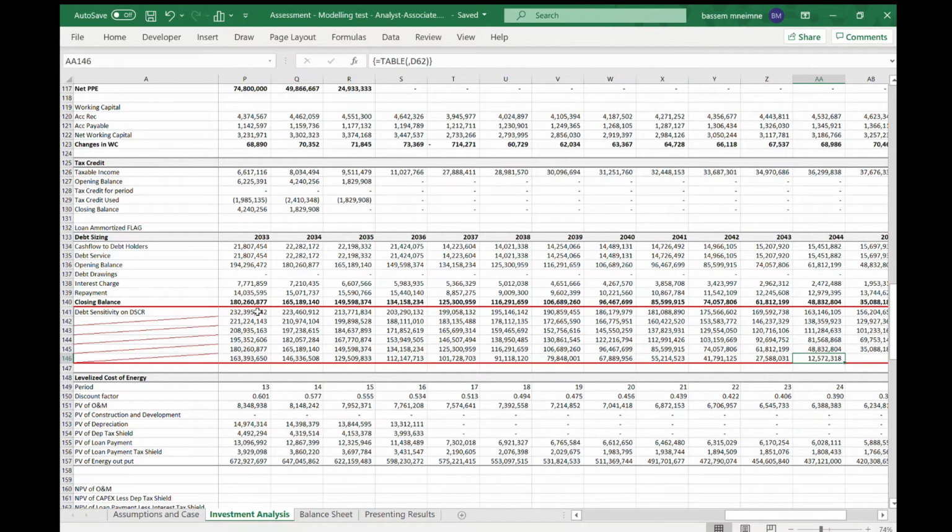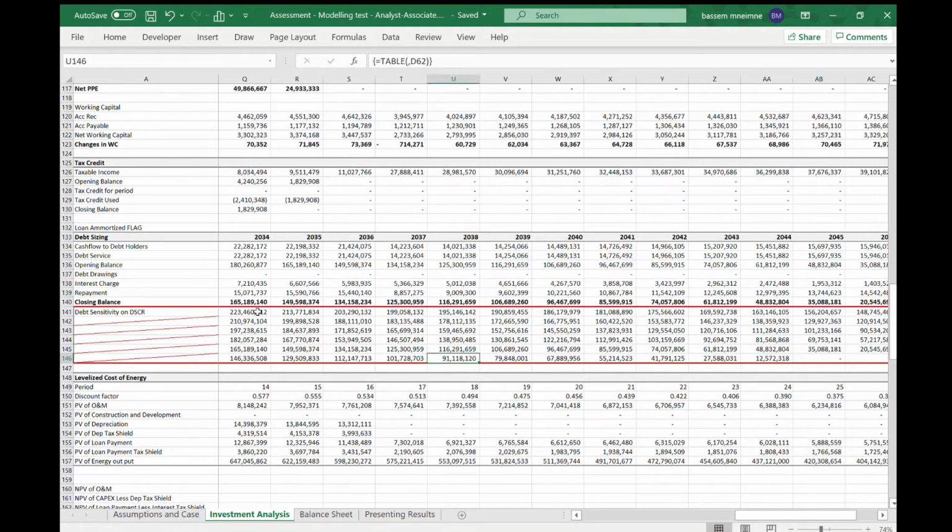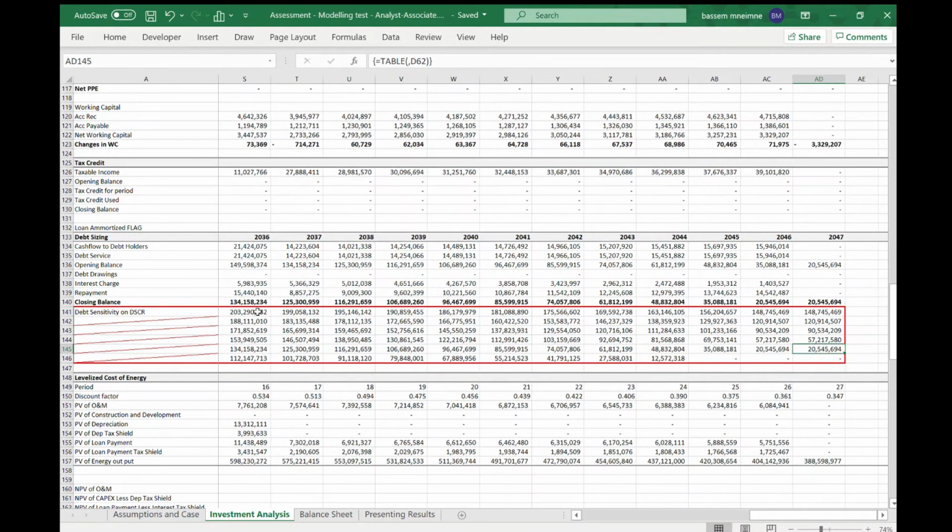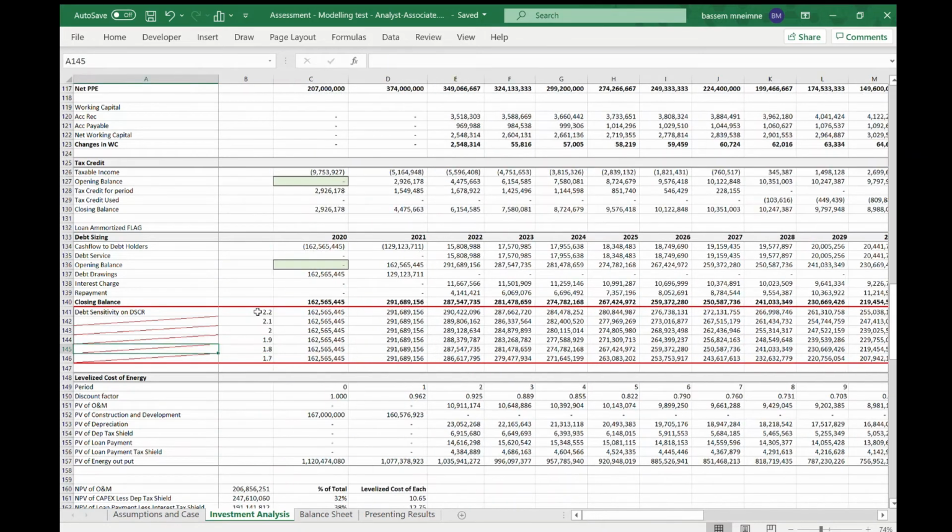So the smaller the DSCR, the bigger your loan payment every year in principal amount. So you can see that the smaller it is, the more you amortize your loan earlier. And I included it in red so that it signifies that this is actually a data table. You can see from over here.